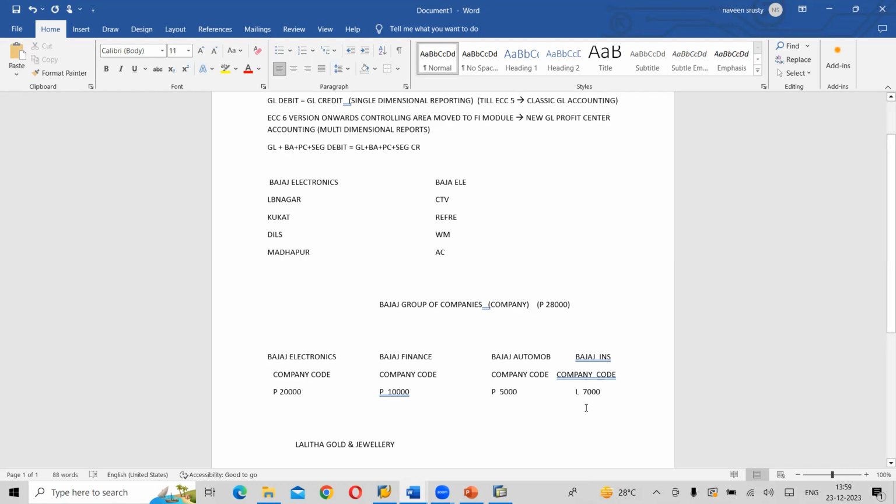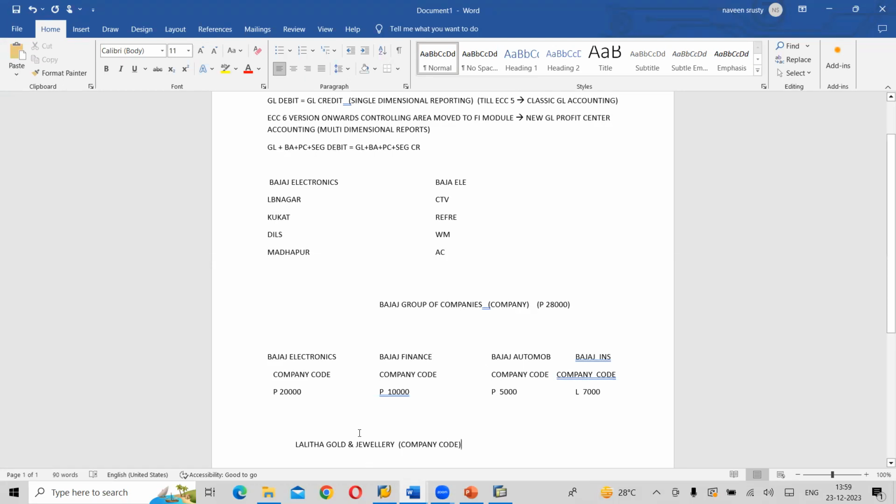Do they have any other Lalita Finance, Lalita Insurance? Clear? So all the books will be maintained at what level? At Lalita Gold and Jewelry. This is called a company code. All the transactions will be performed at Lalita Gold and Jewelry.